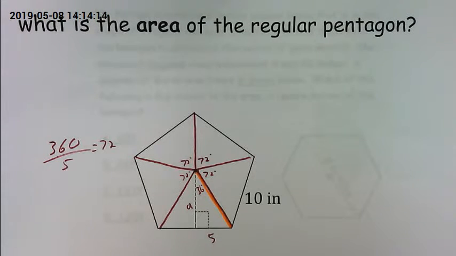How are we doing on A? The apothem. How do you do the area? You have to use your formula. That goes into your A, and then you have all the other values. Is that the area?